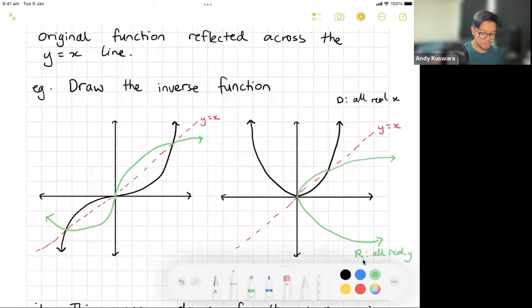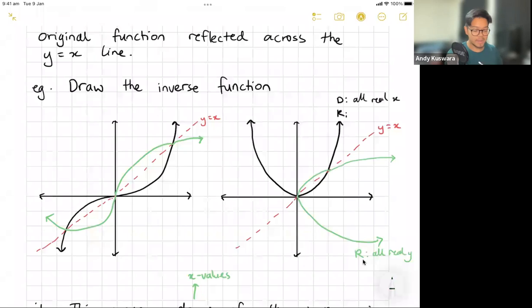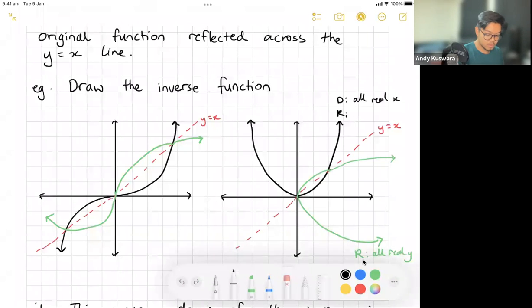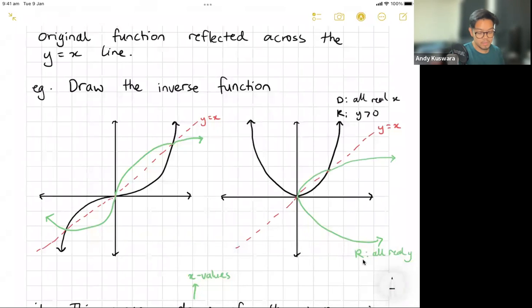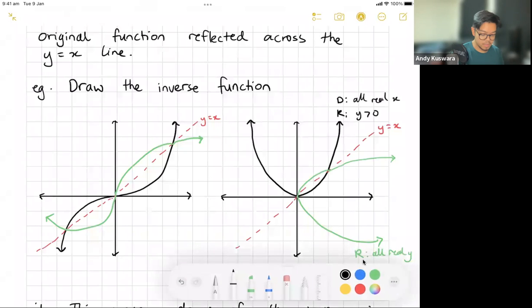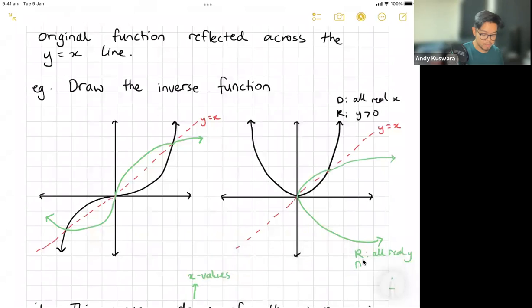Same deal if I look at my range for my black parabola. I can see here that, oh whoops, not x, because range talks about y, y is greater than 0. But you can see here, for this one, if I'm talking about my domain, it's actually x that has to be greater than 0. So you can see how they interplay off each other. The domain of the inverse is going to be the range of the original, and so on and so forth.